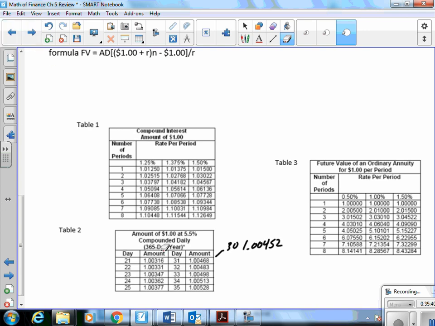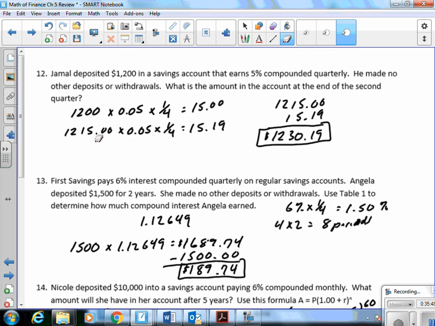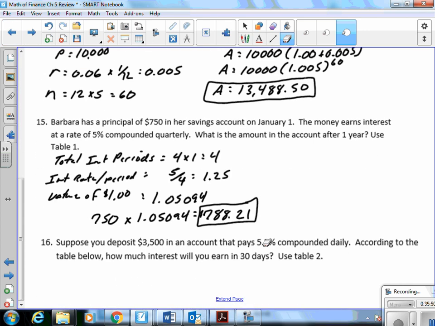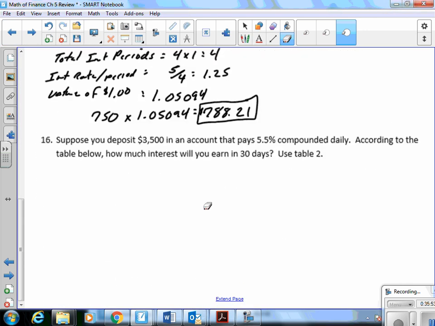I think there's another problem where I did the exact same thing. I didn't realize that it didn't give me all the days from 21 to 35 when I made up the test or the review. So we've got the $3,500 times the value of $1 compounded for 30 days, which was 1.00452.